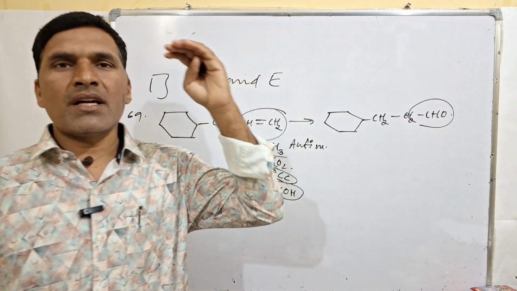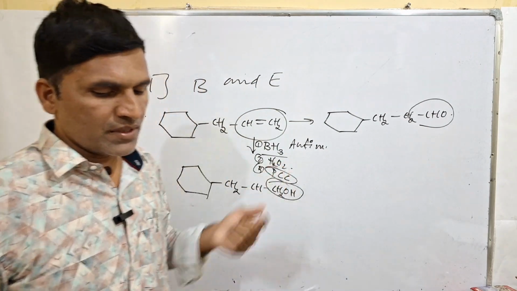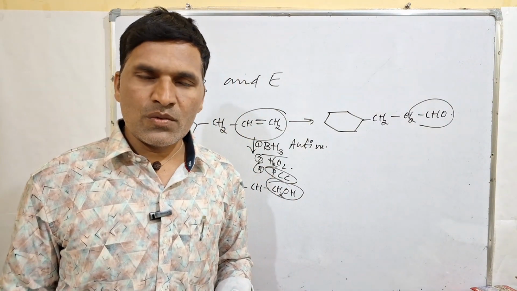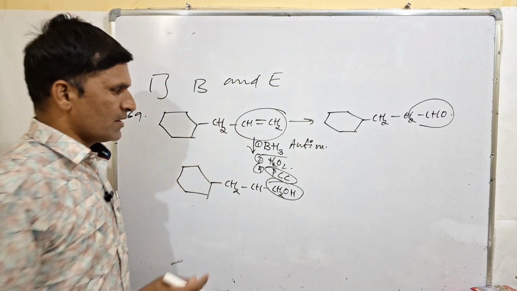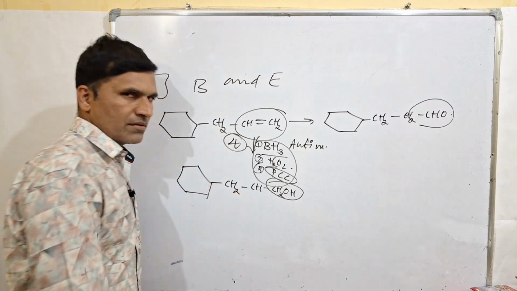But if you want to stop at the aldehyde only, then you have to use the other option that I will read out. That is borane, H2O2 in alkaline medium, and PCC. That is your fourth option. It is given in the book. So these three reagents, fourth option, right?